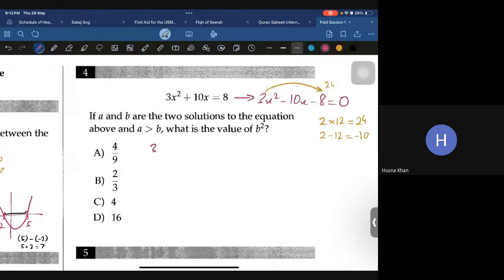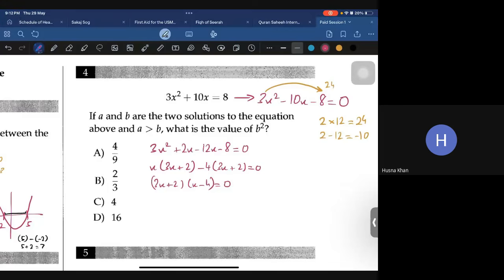So to break the middle term, 3x square plus 2x minus 12x minus 8 equals to 0. We can take x common, 3x plus 2. We can take minus 4 common, 3x plus 2 again. We take 3x plus 2 common, so we'll have x minus 4 equals to 0.